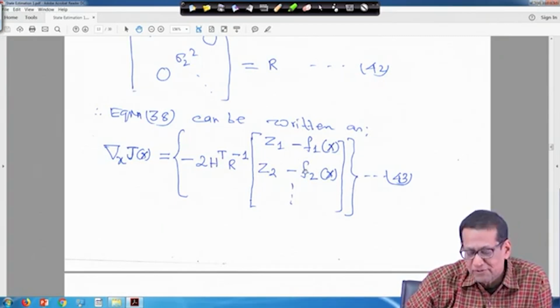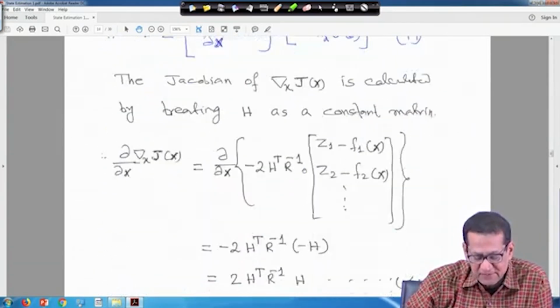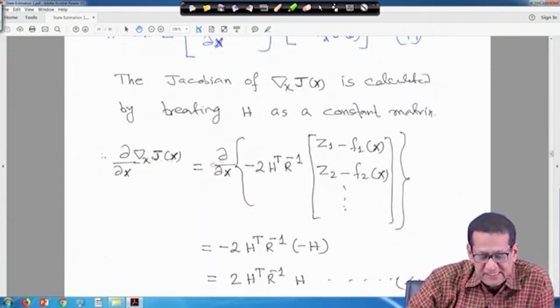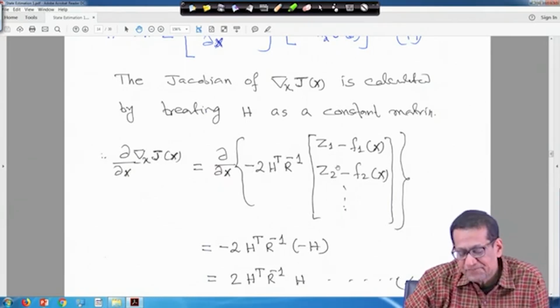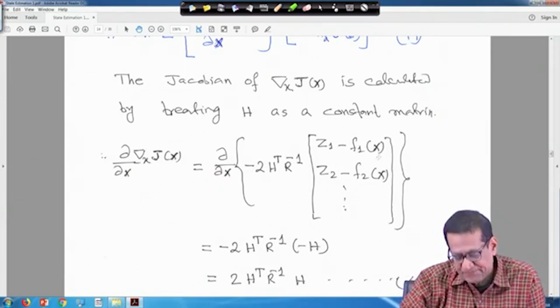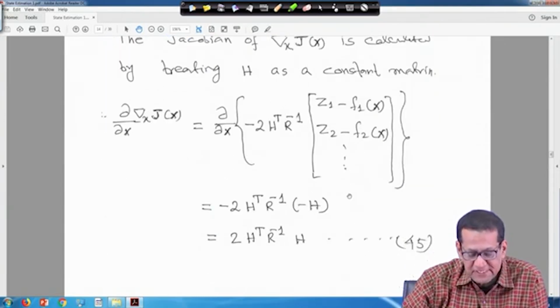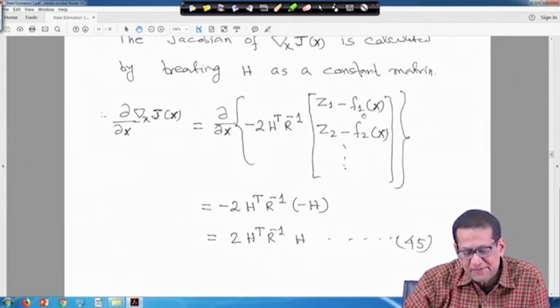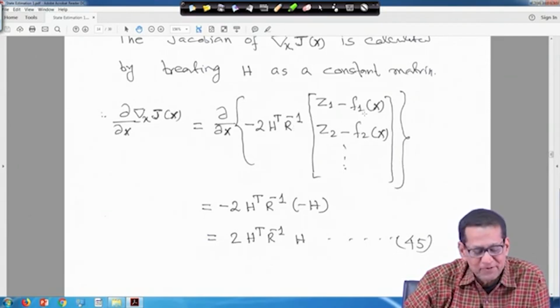So, if you do so, from equation 43, del x of gradient J x is equal to del x of minus 2 H transpose R inverse into Z 1 minus F 1 x, Z 2 minus F 2 x, and so on. If you take this, it will become minus 2 H transpose R inverse, and if you take the derivative, in general it will come del f upon del x.